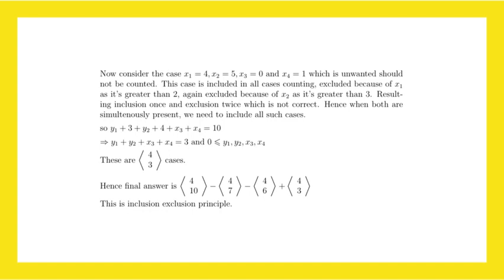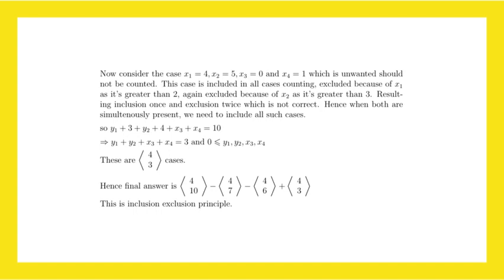So if you don't want this case to be counted wrongly, it should be included the same number of times and excluded also the same number of times. Therefore what we have to do is find, if simultaneously both x1 and x2 are greater than their upper limits, then what?